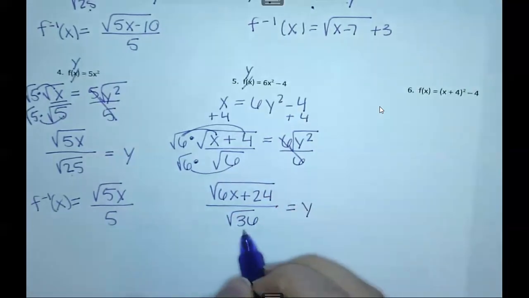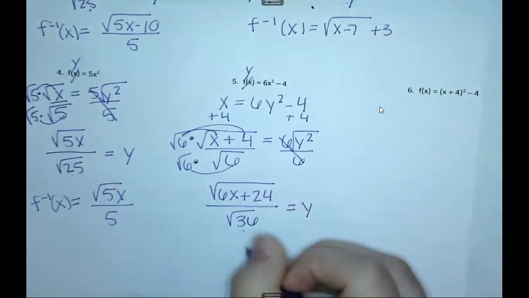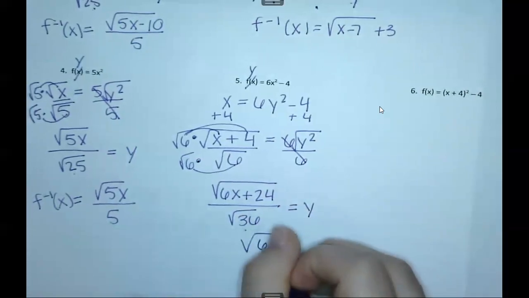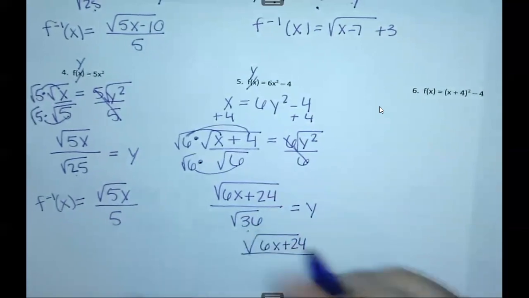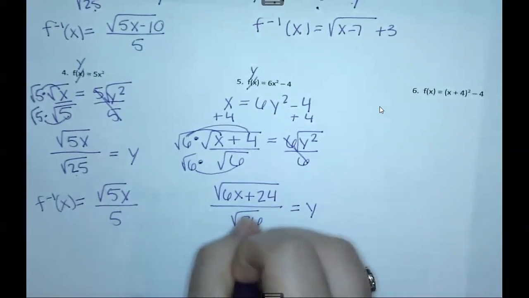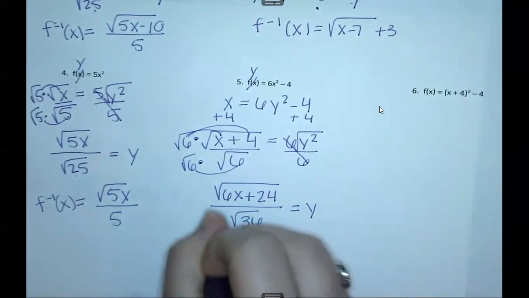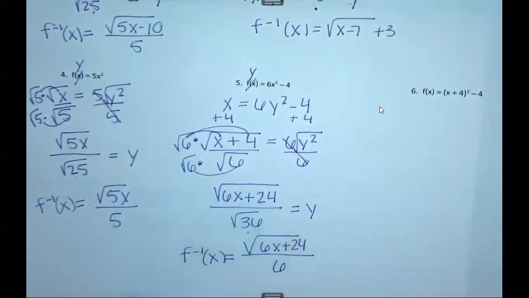You can take the square root of 36, so I'm going to have the square root of 6x plus 24 over 6 equals my inverse. So again, a lot of people forgot to take care of this in the bottom or to multiply the top.